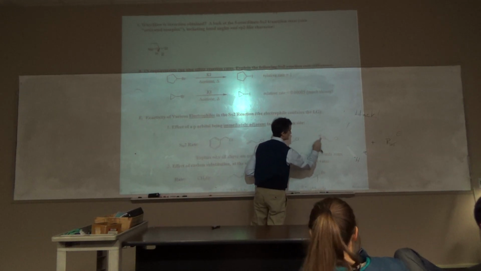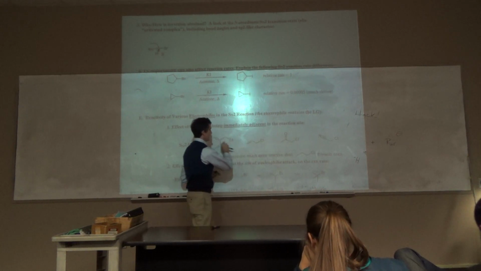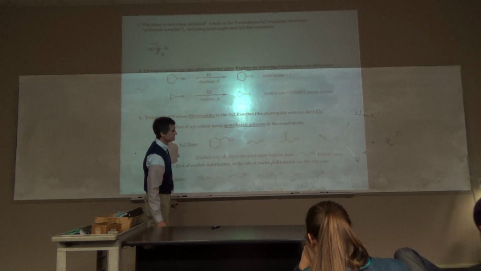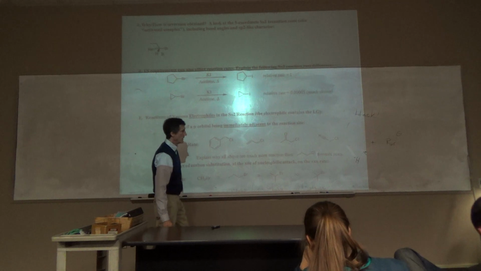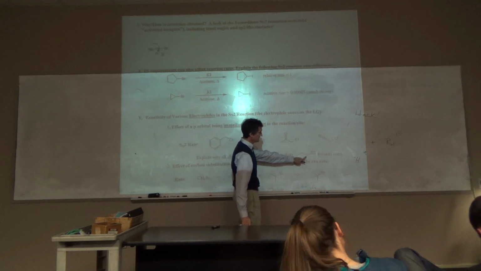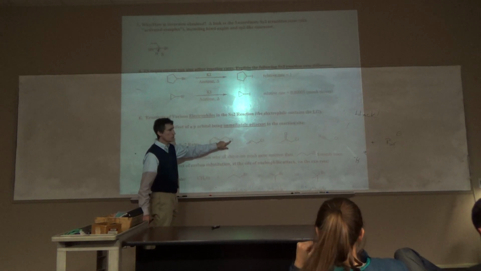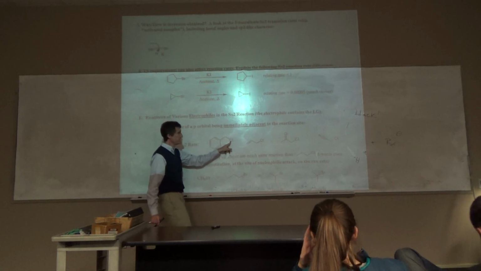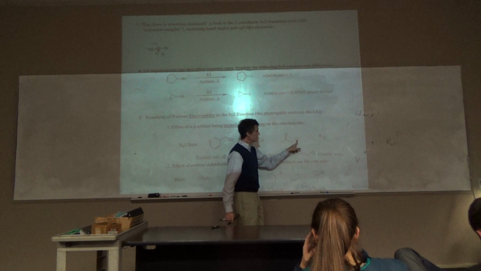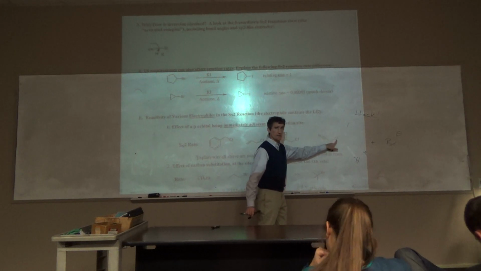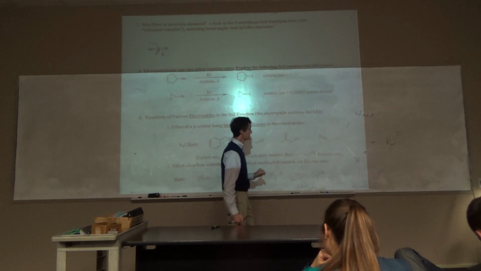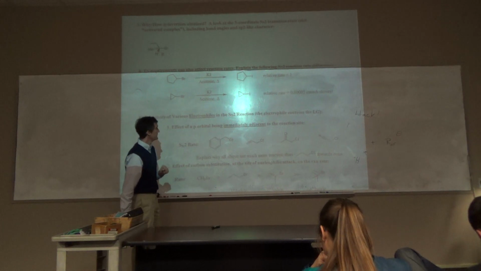These guys here are all very reactive in an SN2. Much more so than this guy. Now here the leaving group is chlorine, but I'm keeping it consistent. We'll talk about variations in the leaving group later. There's no variation here.